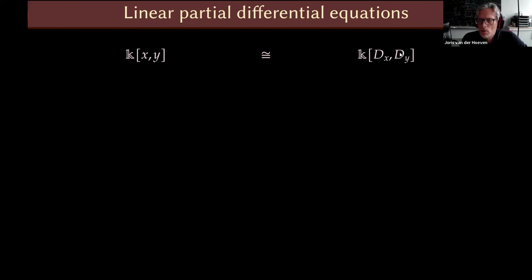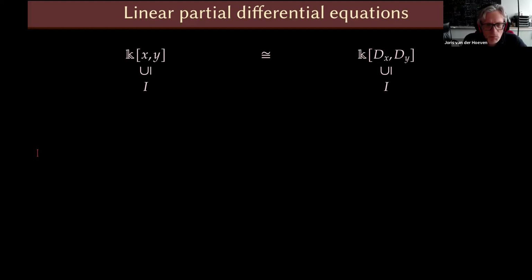So this is perfectly isomorphic to what we saw before, and of course we can look at an ideal on the left-hand side, and this also can be translated into an ideal at the right-hand side.